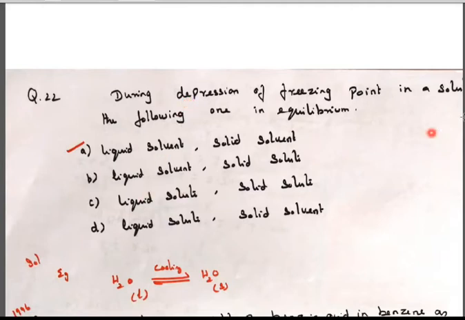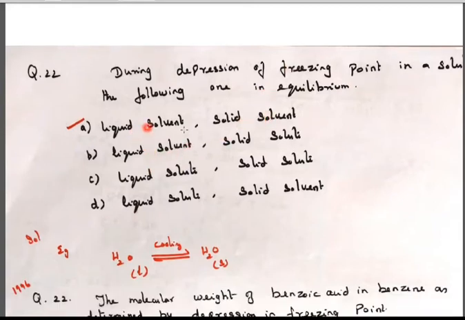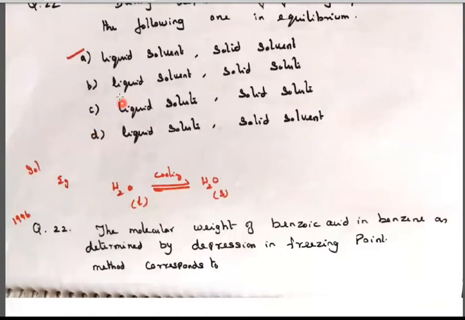During depression of freezing point, in solution the following are in equilibrium: liquid solvent and solid solvent, liquid solvent and solid solute, liquid solute and solid solute, or liquid solute and solid solvent. Here the example is liquid solvent, which is water.